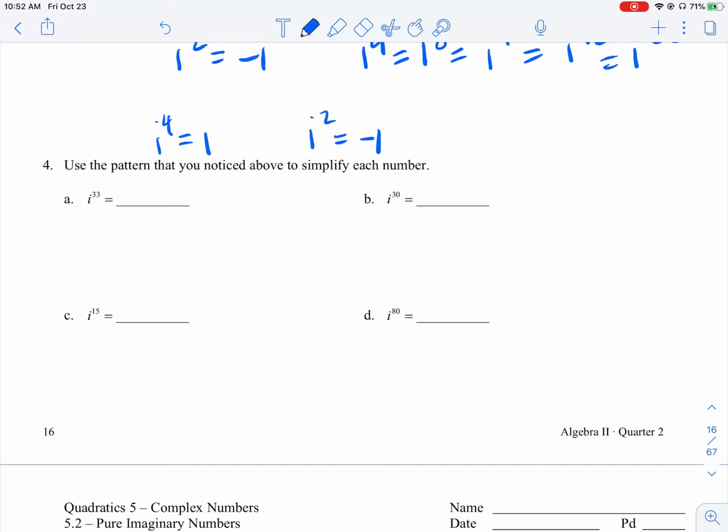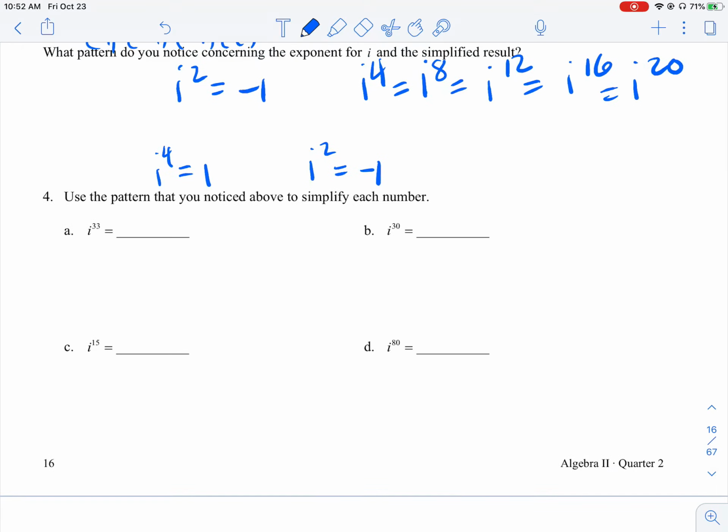So I'm going to break the 33 into i to the power of 32, and of course, I have another one left. I know that 32 is a number divisible by 4, so the answer to that is just a positive 1. So this is 1 times i, so my answer is i.